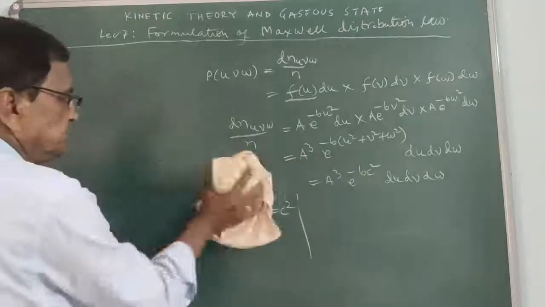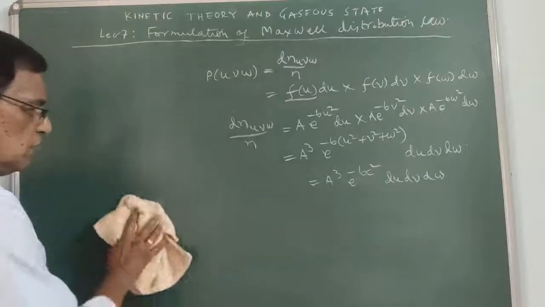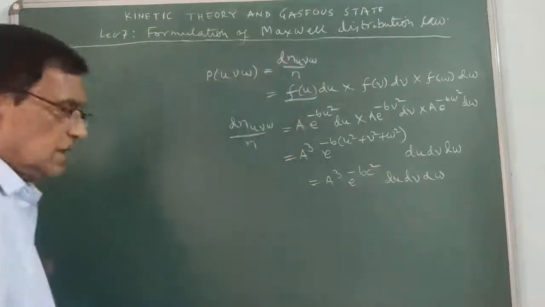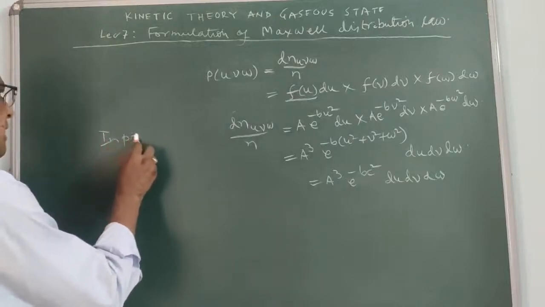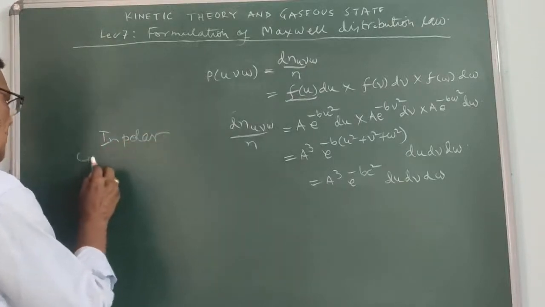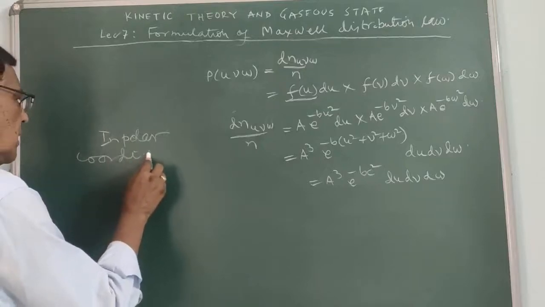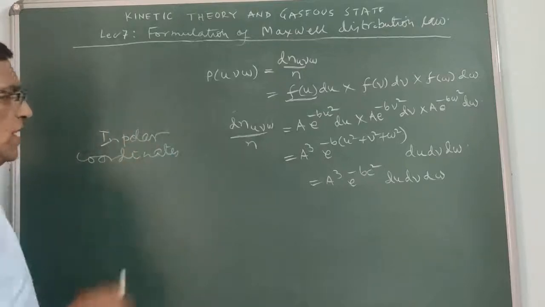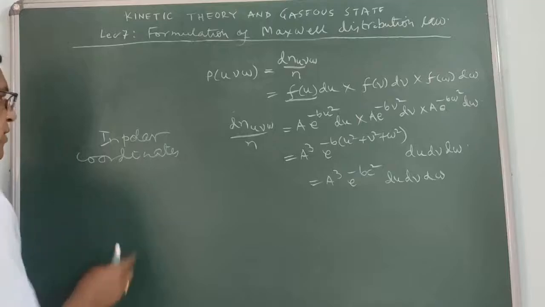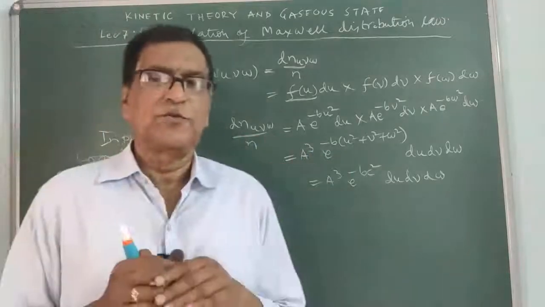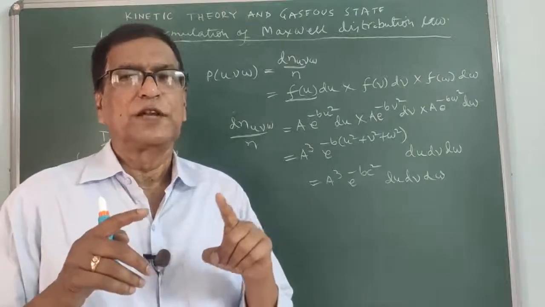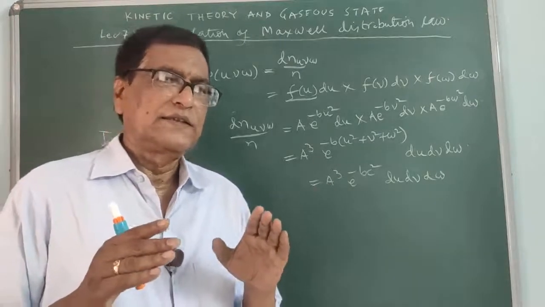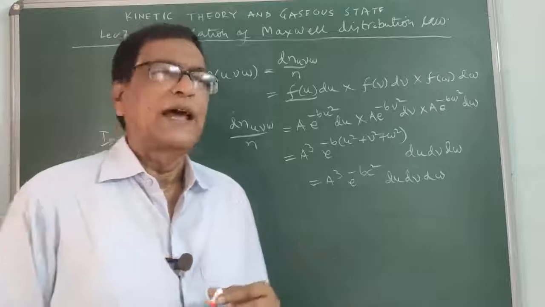We can express this in polar coordinates. In polar coordinates there are three coordinates: c, the resultant speed, and theta and phi, the zenith angle and azimuthal angle.